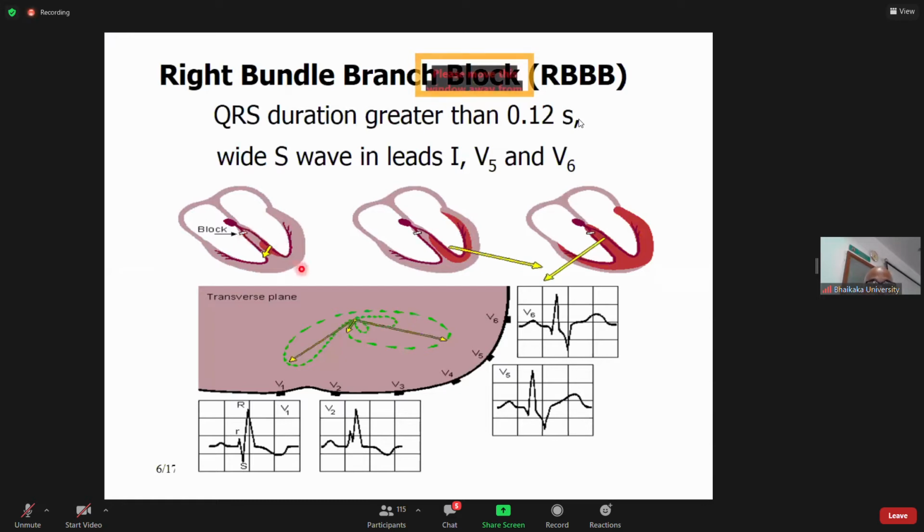If this block is not there, then the normal conduction will be occurring from here, it will be occurring here, both left side and right side together. But as there's a block here, it is not conducting through this right bundle branch. What happens is this septal activation is taking place, then this spread will occur in this direction.